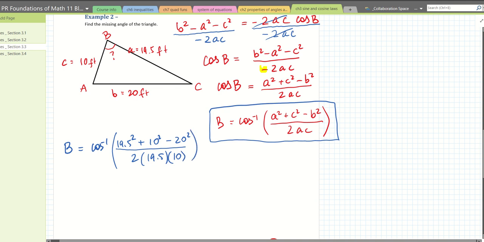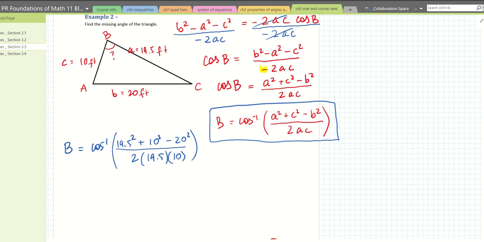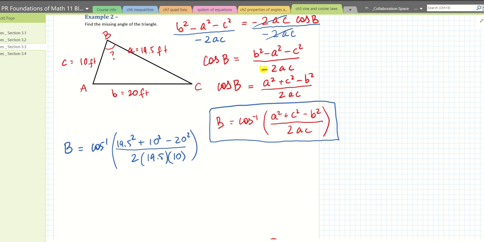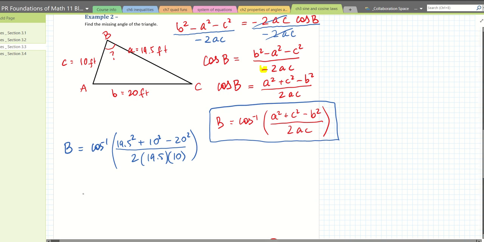All right, so do the numerator first in the calculator. So you do 19.5 squared plus 10 squared, which is 100, minus 20 squared, you're going to get 80.25. Again, you can break it into parts if you want, so you don't have everything on the calculator in case you make a mistake somewhere along the way.